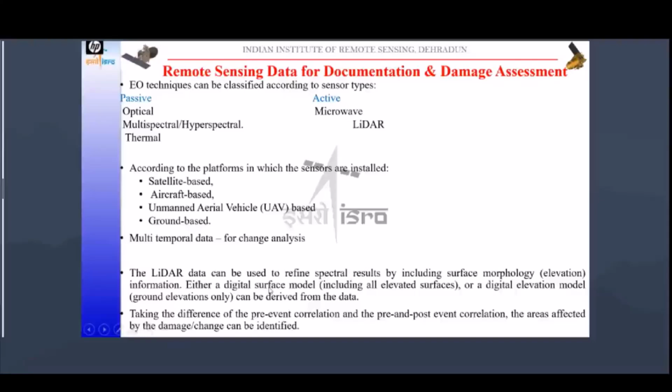And either a digital surface model, which includes all elevated surfaces, or a digital elevation model which has only ground elevation, can be derived from this data. Also taking the difference of pre-event and post-event data and correlating them, the areas affected by damage can be identified. We will show you examples of these in the forthcoming presentation.